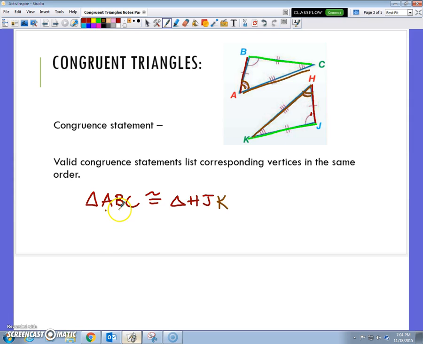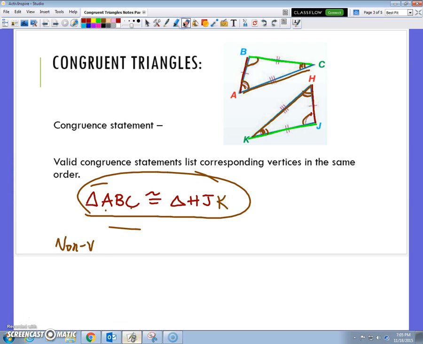Okay, B should have 1 and J should have 1, which they do. And finally C should have 3 and K should have 3, and it does. So this would be an example of a valid congruent statement. The order of the letters does matter. We want our segments to match up, so you can tell just by looking at this congruent statement which parts are actually congruent.